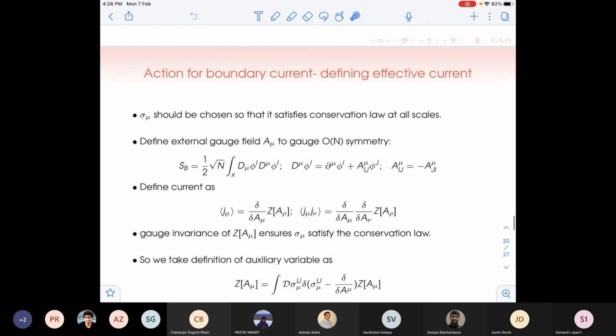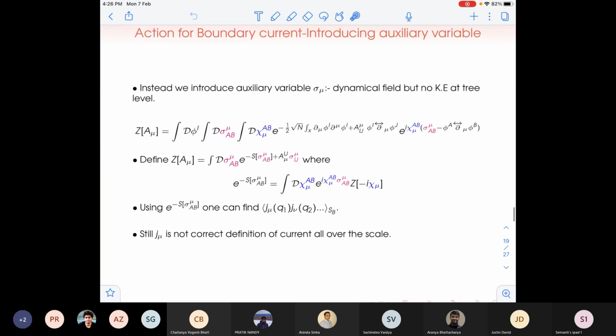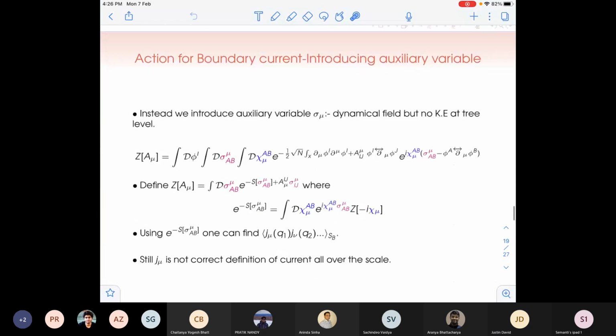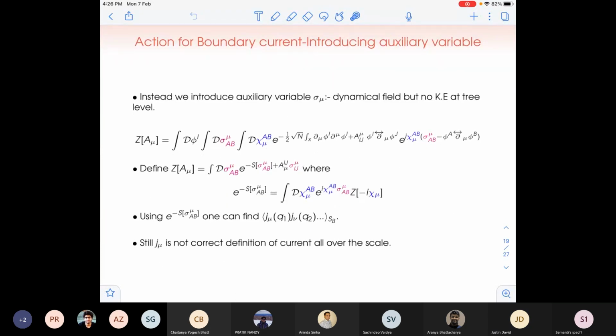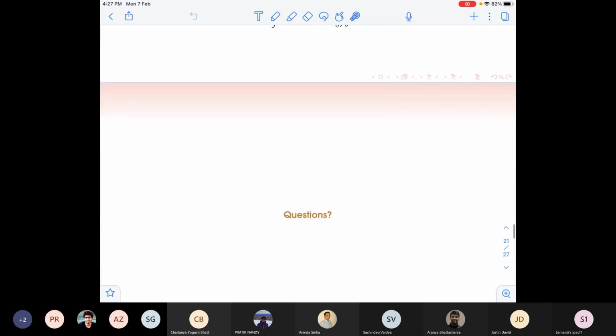You can see the new variable sigma mu and A mu as kind of standard and alternate quantization in AdS/CFT, because A mu is the source and sigma mu is like the operator itself. So it is like choosing between standard and alternate quantization. But S sigma mu is useful in that sense: it always gives back the old correlator.